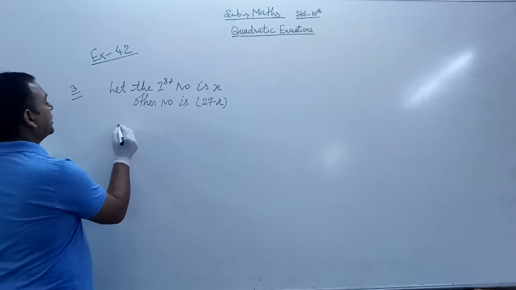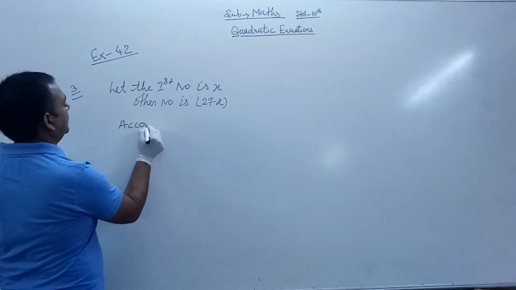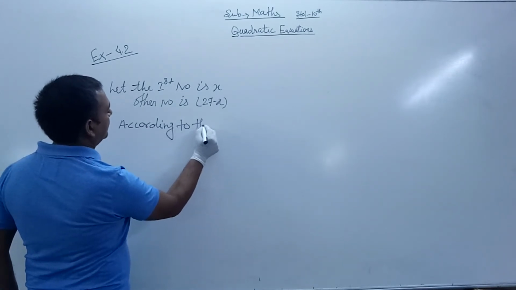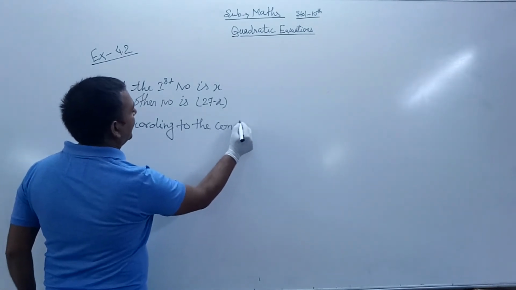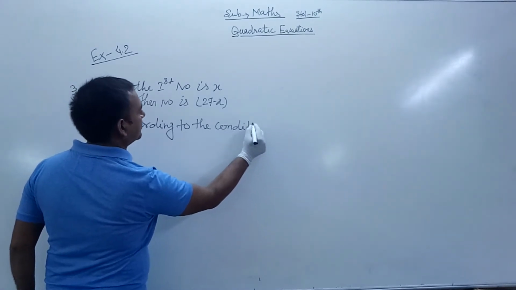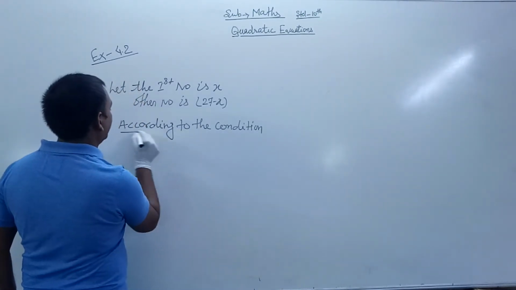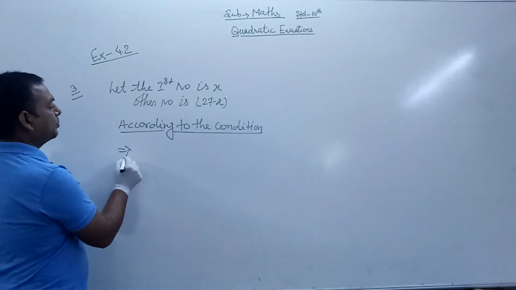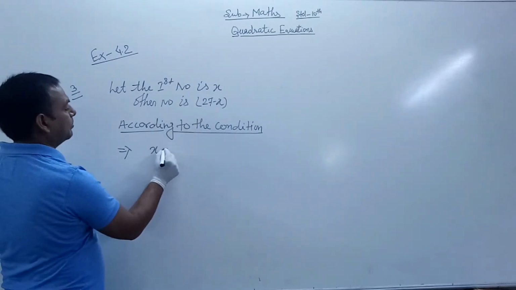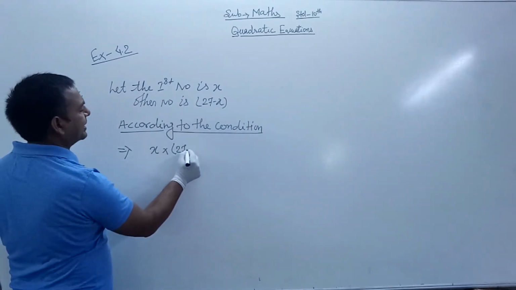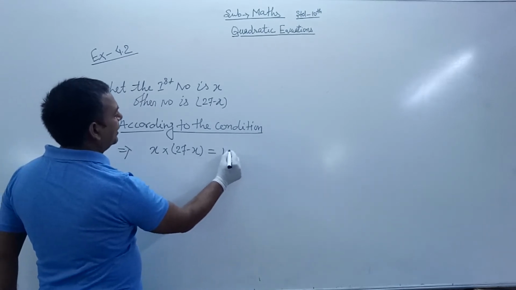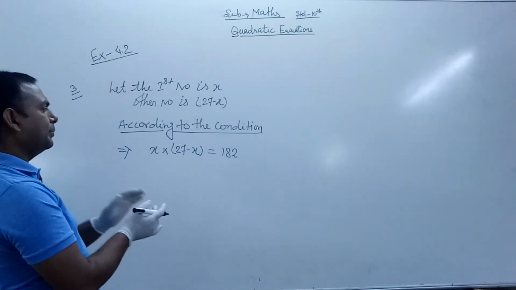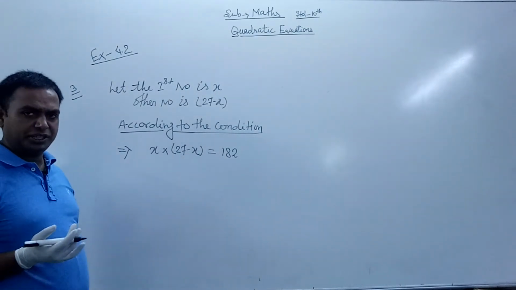So according to the condition, applying the condition, the multiplication of both numbers, one number x multiplied with the other number 27 minus x, is equal to 182, because it is given that the product of both numbers is 182.